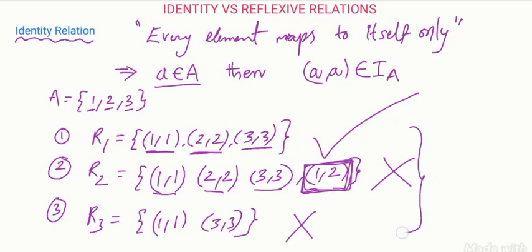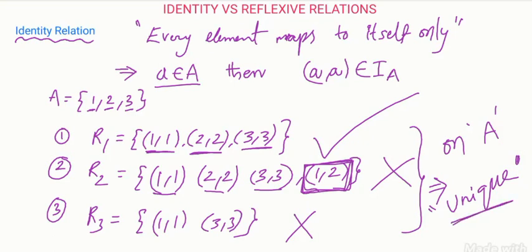The number of identity relations on a set A is only 1. So we have a unique identity relation. There is only one identity relation on any set. So this is about identity relation.